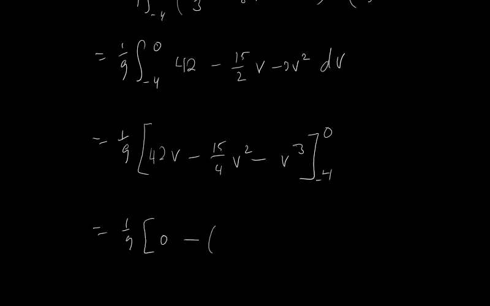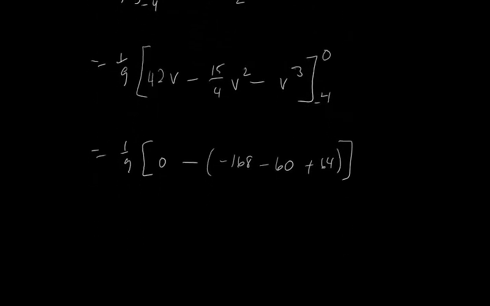Minus, putting in negative 4, we get negative 160 and 8, negative 168. Let me double check that with my calculator. Yes, that's negative 168. And then negative 4 squared is positive 16, divided by 4 is a 4. 4 times 15 is 60, so this is minus 60. And then negative 4 cubed is negative 64, so minus a negative is positive 64.